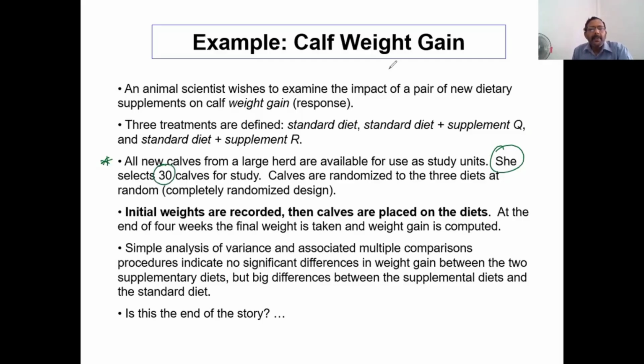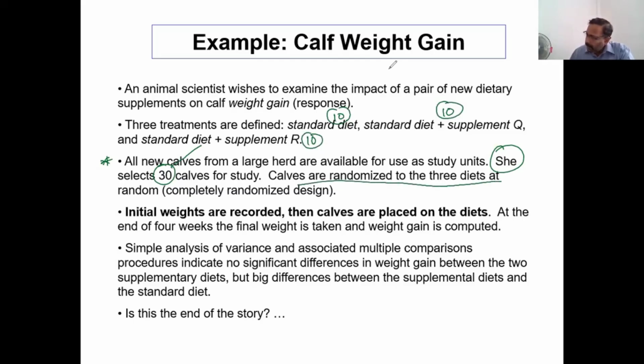We select 30 calves for the study, right? So how many calves randomly can we allocate for each treatment? If I select 10 calves: 10 calves for standard diet, 10 for standard diet with supplement Q, and 10 with R, for example, right?